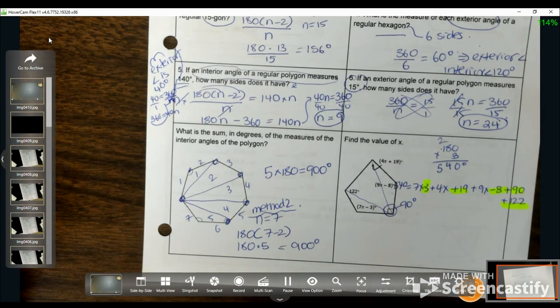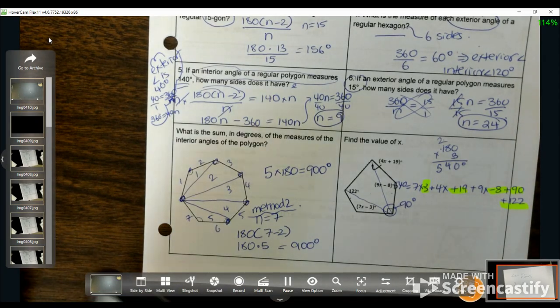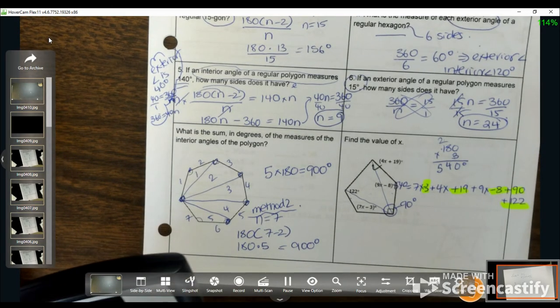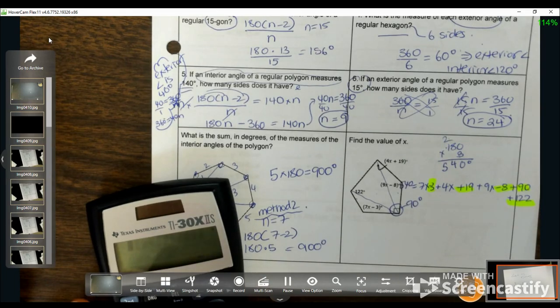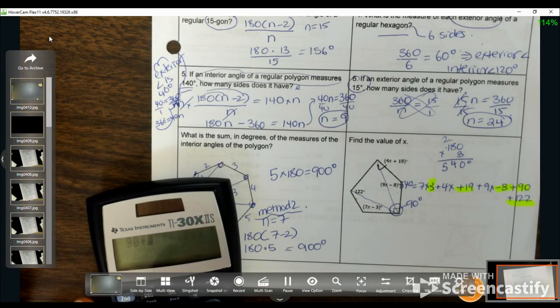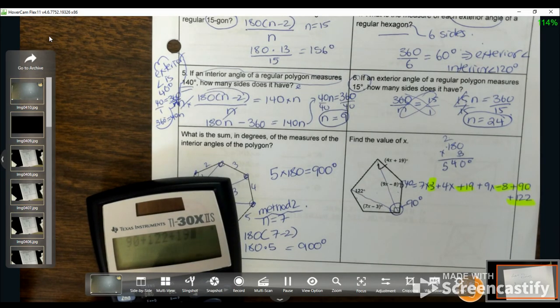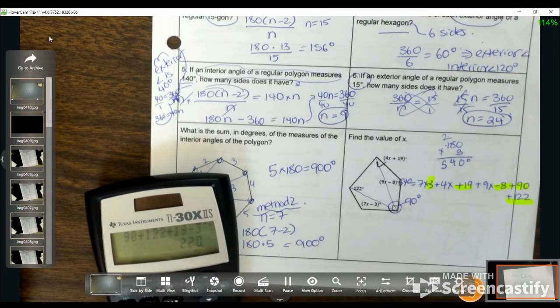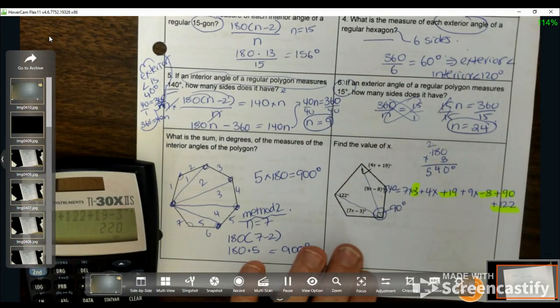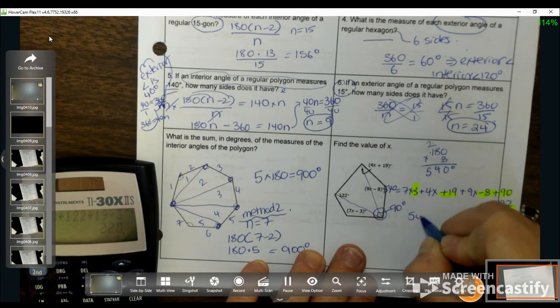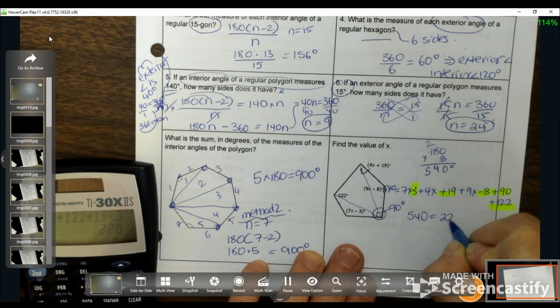When I put that in the calculator, 90 plus 122 plus 19 minus 3 minus 8, I end up with 220. So I get 540 is equal to 220 plus the x terms.